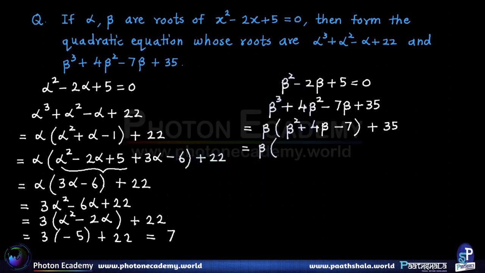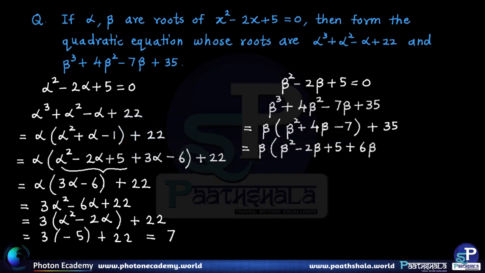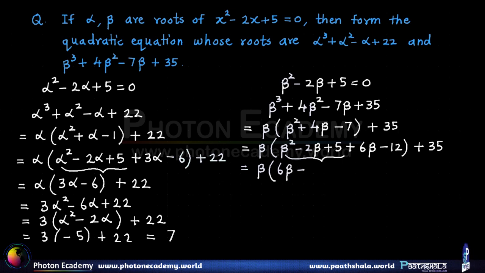So that is beta into, let's adjust the required expression first, that is beta square minus 2 beta plus 5. Now since we have 4 beta, we must add 6 beta to maintain the balance, and we must subtract 12 for the constant term. So that is equal to beta into, once again the first 3 terms vanish and we are left with (6 beta minus 12) plus 35.